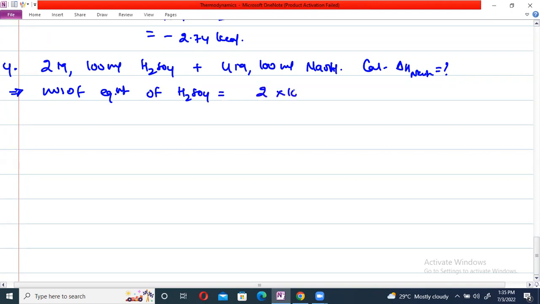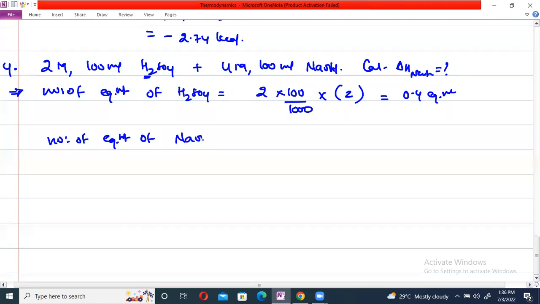Actually molarity into volume in ml by 1000 into number of replaceable H plus ions, here 2. So 4 by 10, 0.4 equivalent of the acid. Then number of equivalent of base: 4 into 100 by 1000, it becomes 0.4 equivalent.